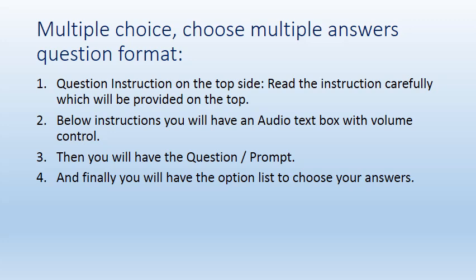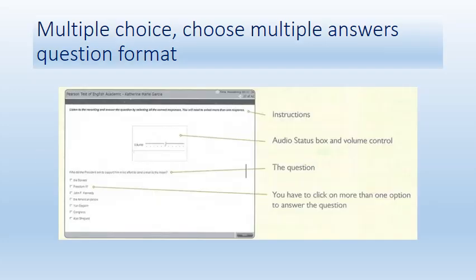Then you have the question or prompt. After this you get a question which you need to read carefully before you start listening. And finally you will have the option list to choose your answers. So you have to be careful with your question and your list of answers.